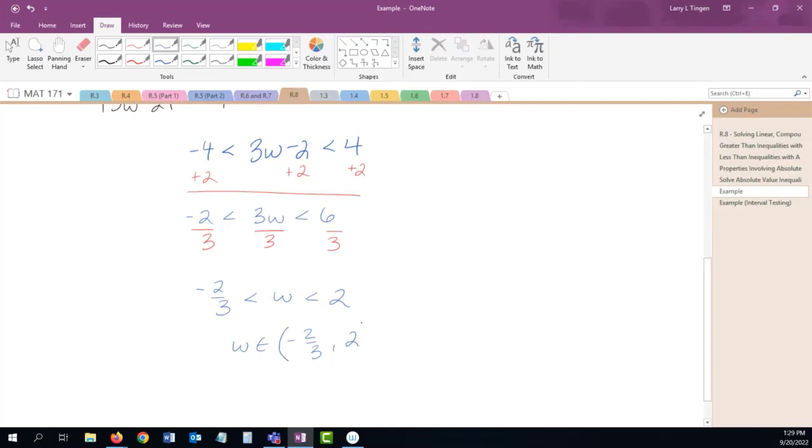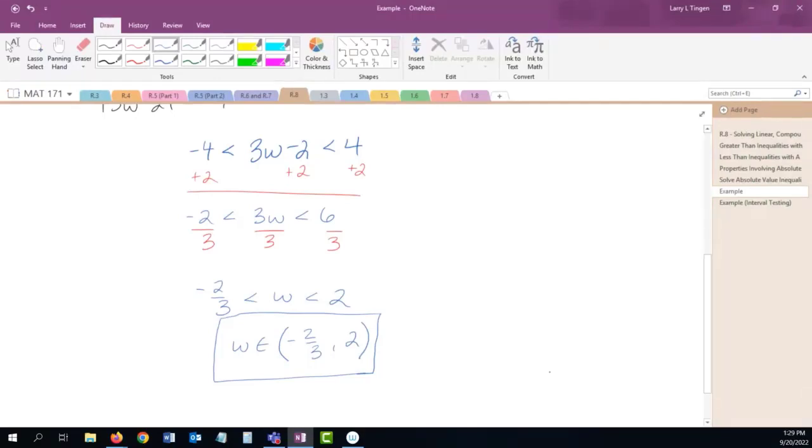So since it's strictly less than, it's parentheses. Strictly less than on the right, parentheses. Don't worry if you're not sure which one's a less than, which one's a greater than, if you don't know how to read it. It just takes time and you still forget it sometimes. Just don't let that bother you.